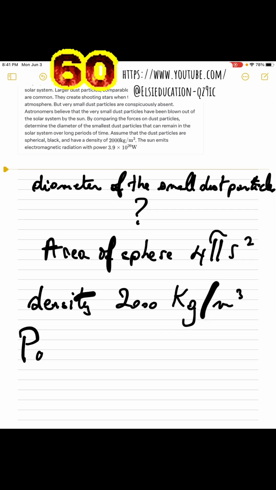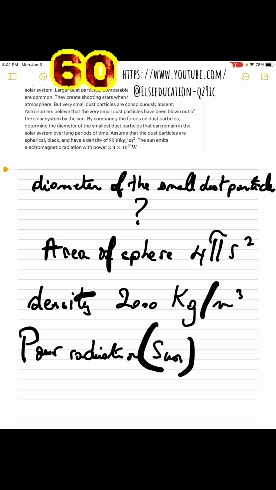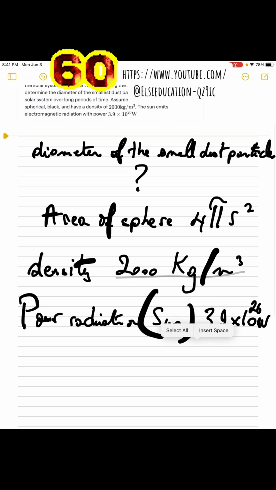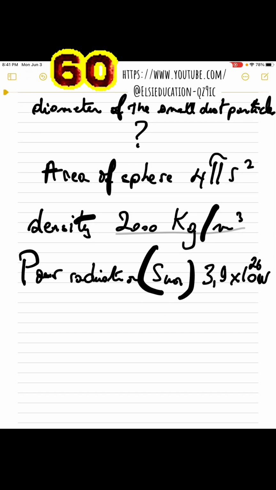The power of radiation from the sun is 3.9 multiplied by 10^26 watts. This is the information that we have and we need to find the diameter.